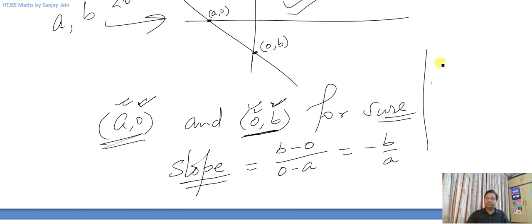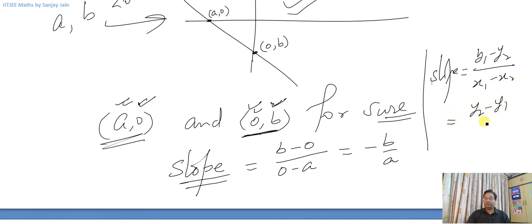So what I mean to say is, when you are calculating slope, if you are taking y1 minus y2 in the numerator, then you have to take x1 minus x2 in the denominator. Or if you take y2 minus y1 in the numerator, then you will have to take x2 minus x1 in the denominator.